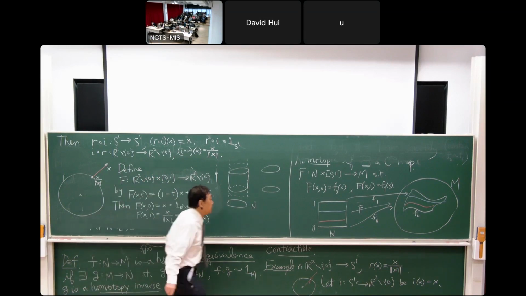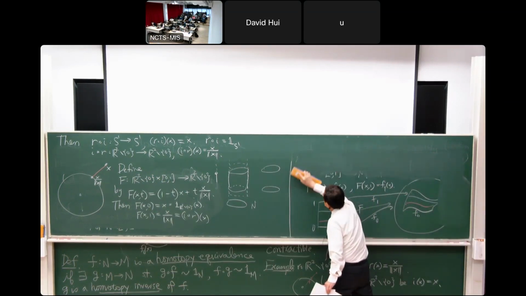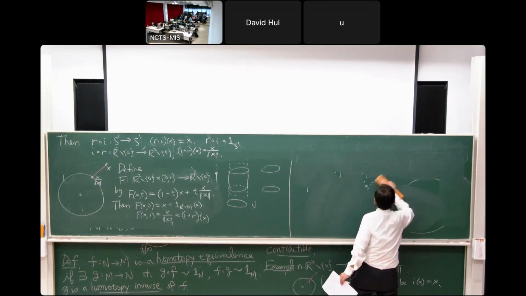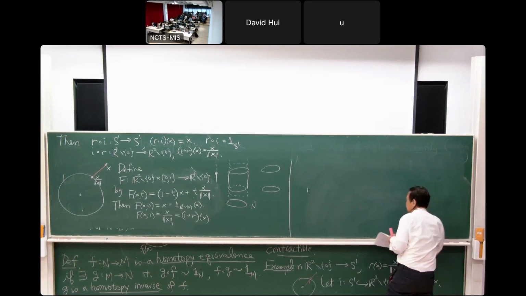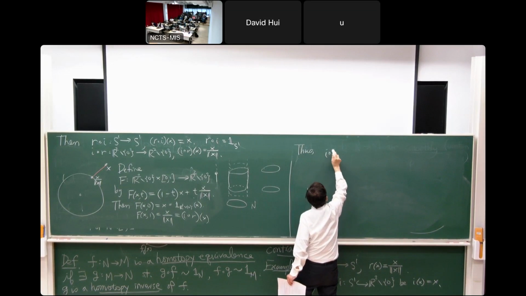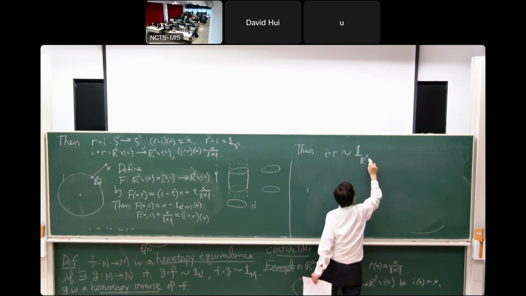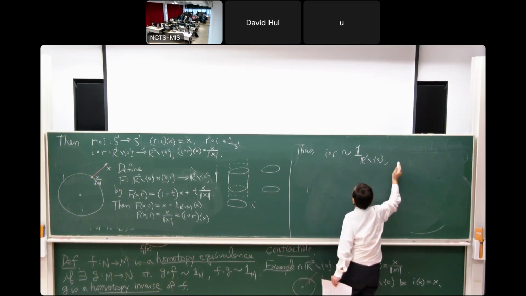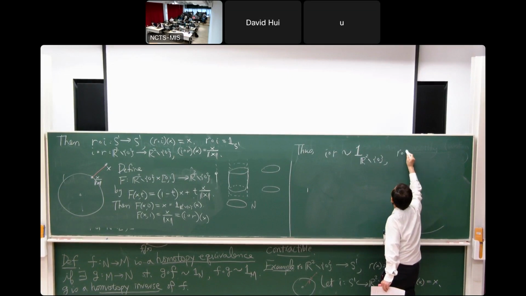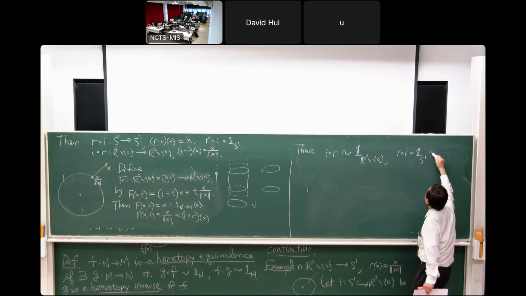So we have that I composed with R is homotopic to the identity, and R composed with I is the identity, which is homotopic to itself.